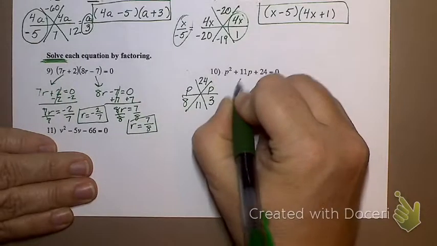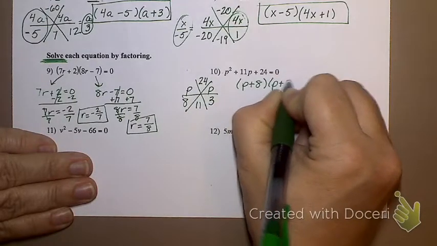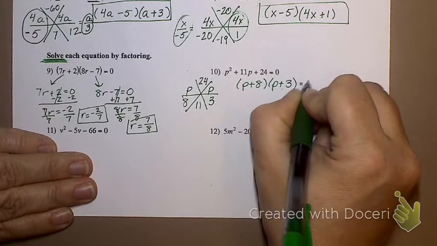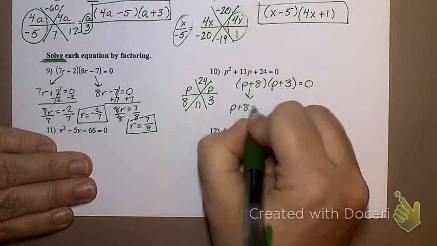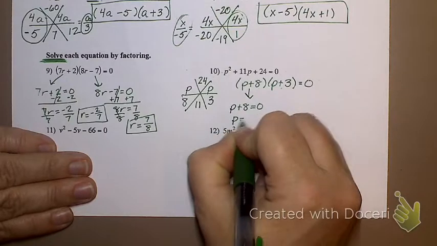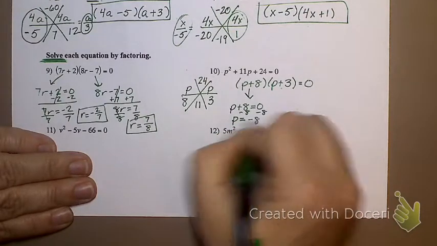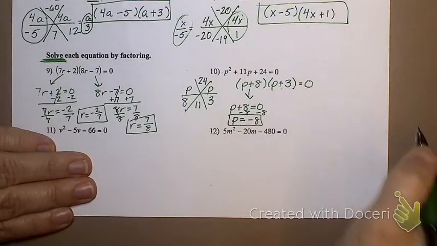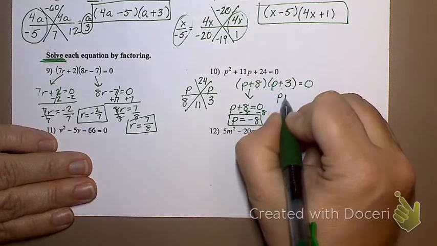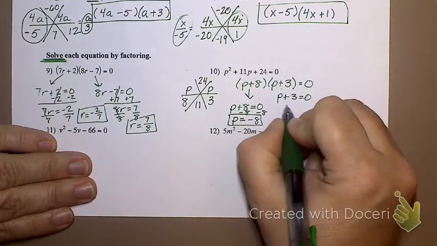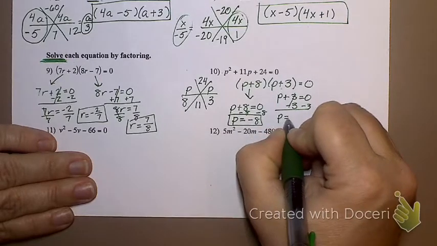So I have p plus 8 and p plus 3, and this problem has the equal 0. So if I set p plus 8 equal to 0, what do I get? I would subtract 8. I get p equals negative 8 as one of my two answers. Yeah? If I set p plus 3 equal to 0, I subtract 3, and I get p equals negative 3 as my other answer.